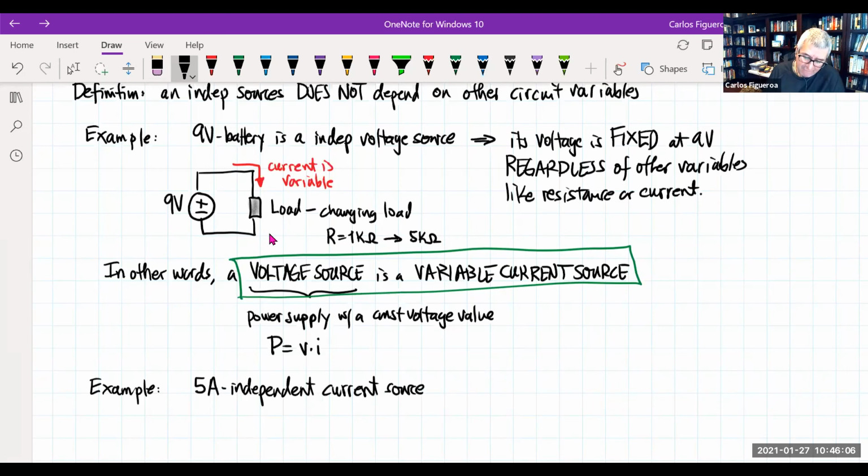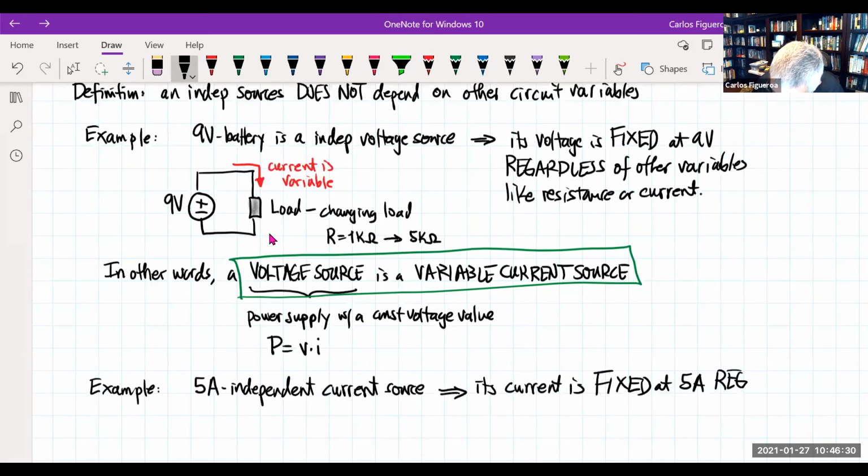If I have a 5 amp independent current source, what that means, very similar to a voltage source, is that its current is fixed at 5 amps regardless of other circuit variables.